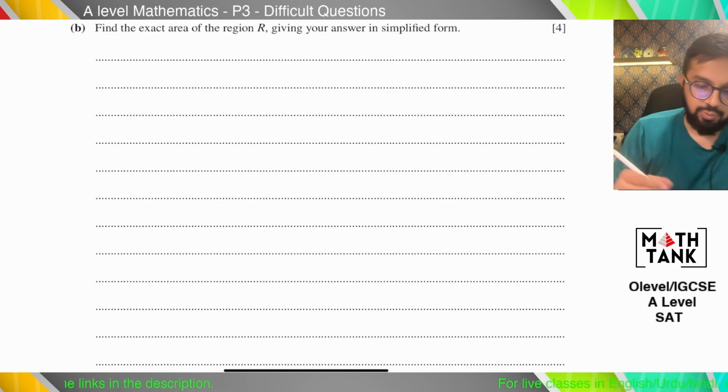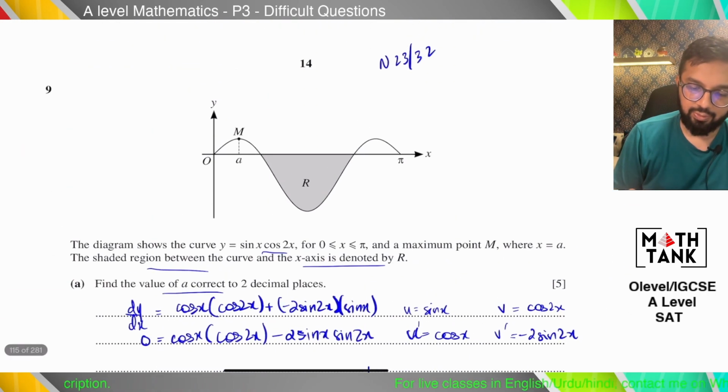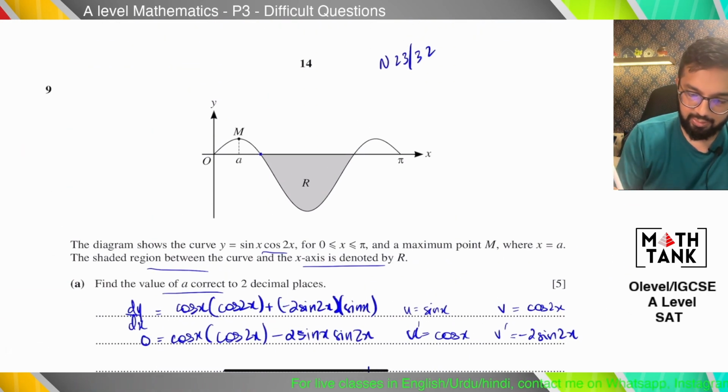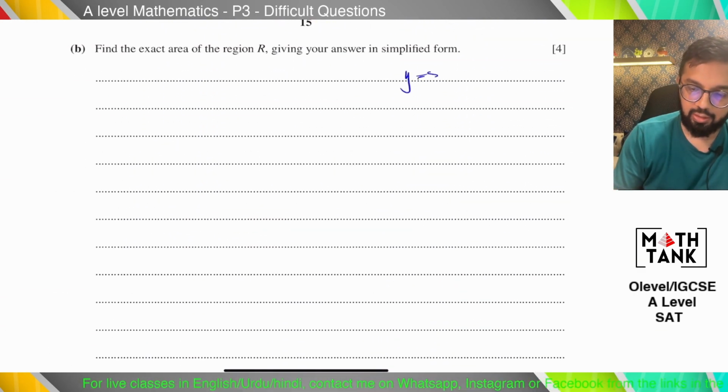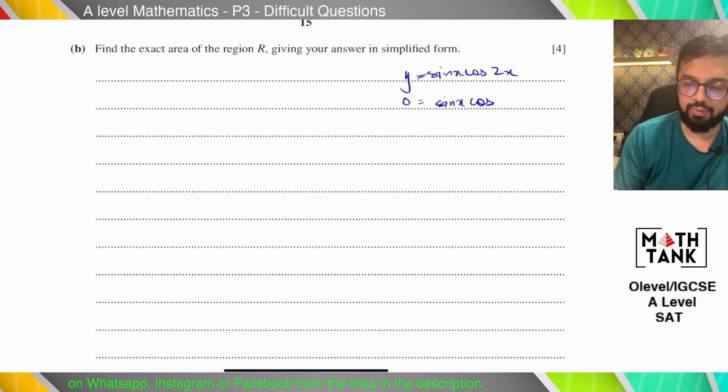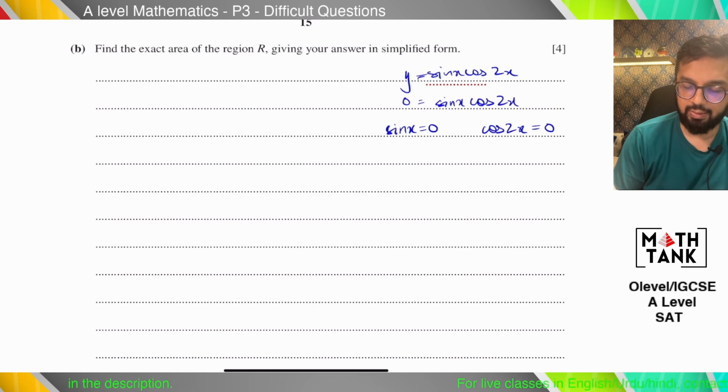Find the exact area of the shaded region. Okay, so for the shaded region, I will need these limits. These are values where the expression is 0. So 0 equals sin x cos 2x. Either this equals 0 or that equals 0. Now when is sin 0? Sin is 0 at 0, 180, 360 and so on.